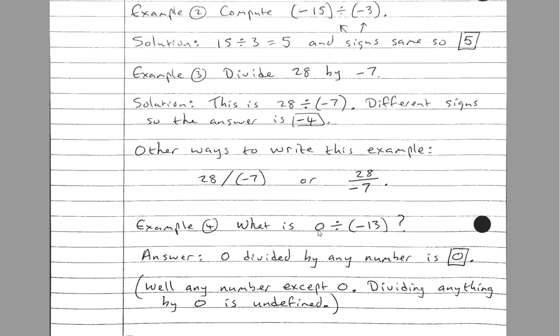Example 4, what is 0 divided by negative 13? Okay, we have to be careful with zeros, but yeah, just remember 0 divided by any number is 0. Nothing fits into 0, so this goes in 0 times.